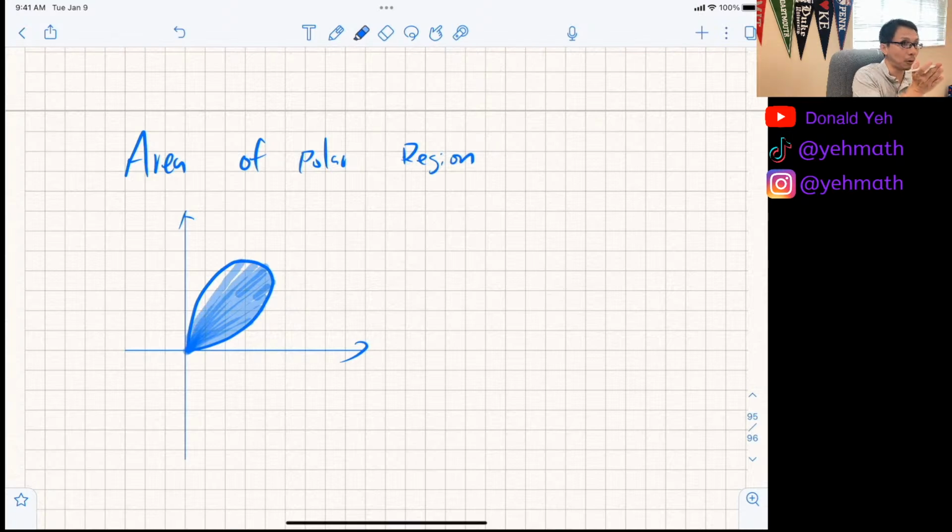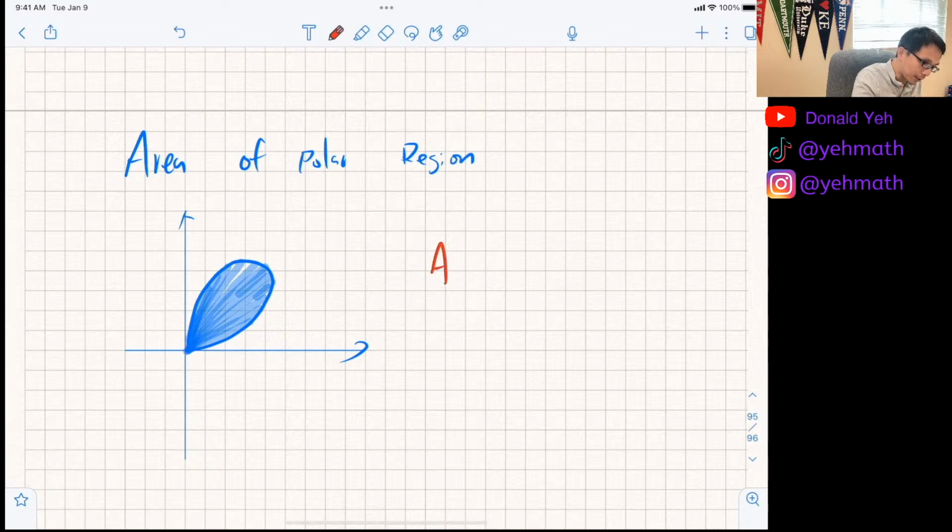It starts from the pole to the edge of the curve, depending on which point you go to, and eventually you'll find the one petal. Each angle is changing, and they just add up all the angle changes. So if you're changing from 0 to pi over 2 in this situation, they go all the way from 0 to pi over 2. Those are things you have to understand: how do they accumulate the curves? It's based on the small change in theta.